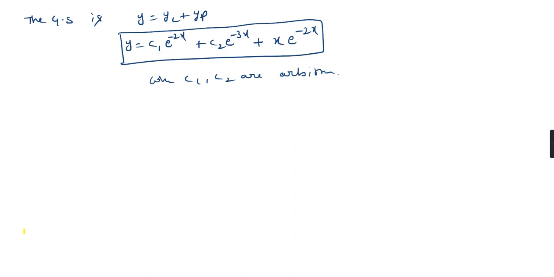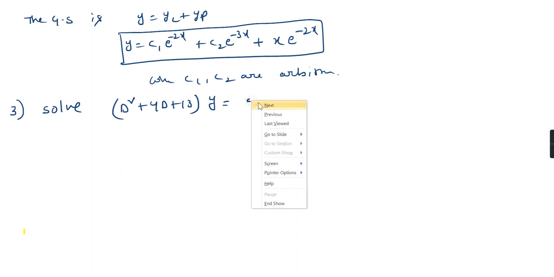Okay, let's see one more problem. Third problem: solve d square plus 4d plus 13 into y equals 2 into e power minus x.